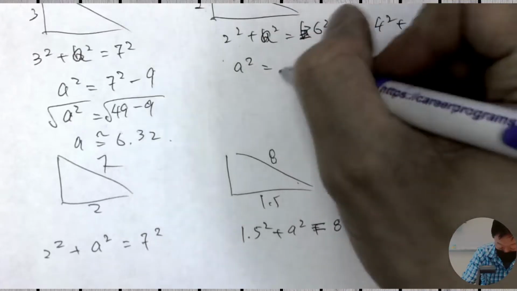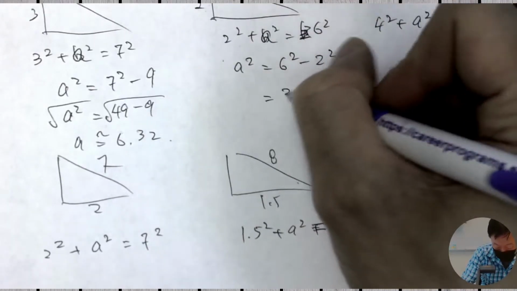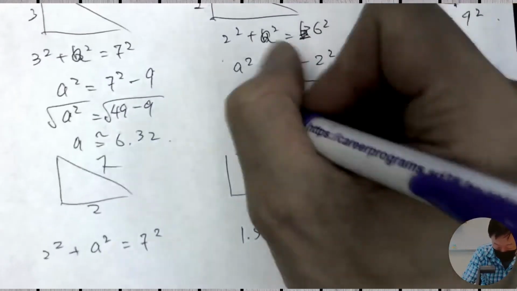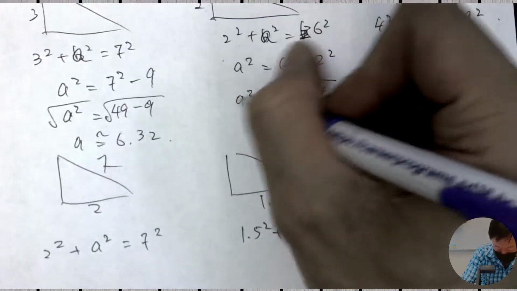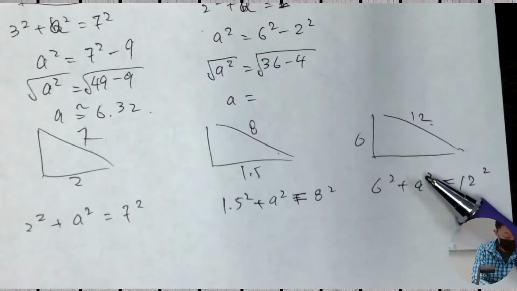A squared is gonna be 6 squared minus 2 squared, or 36 minus 4, square root that. And a would be what? 36 minus 4, 32, square root 32.